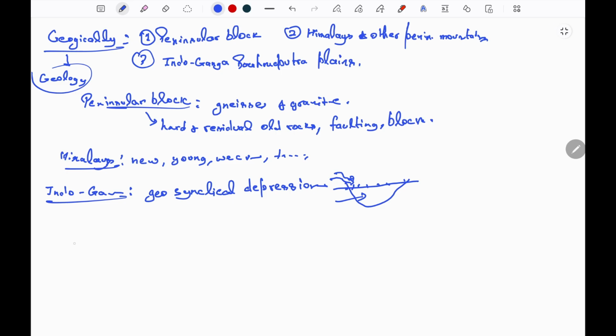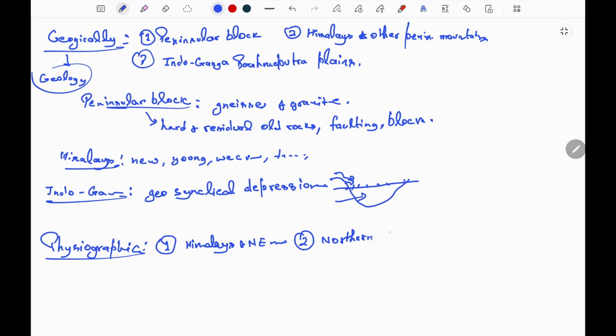Now let us look at the physiographic division. On the basis of physiography, India can be divided into six parts. First one is Himalayas and northeastern mountains. Second one is northern plains, that is the Great Indian Plains.